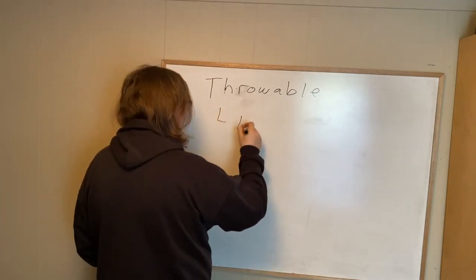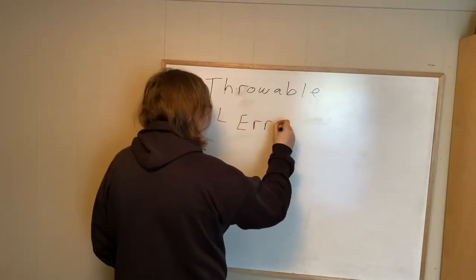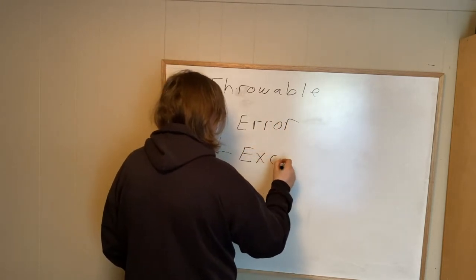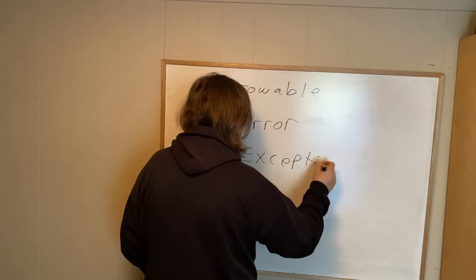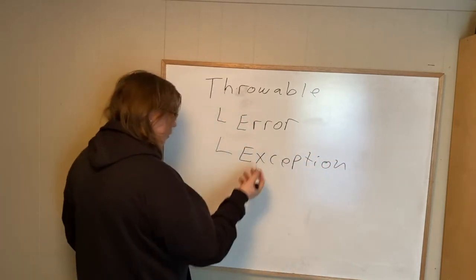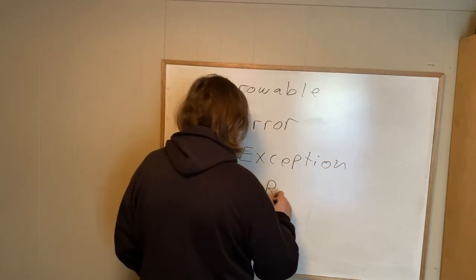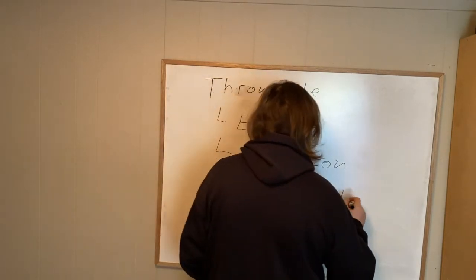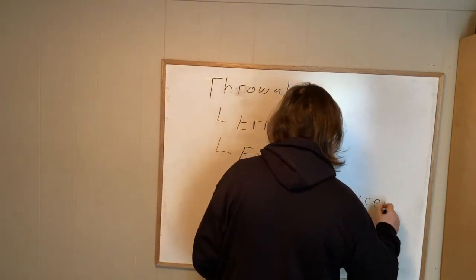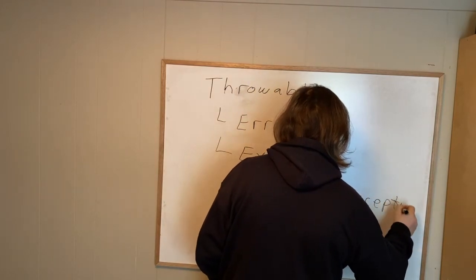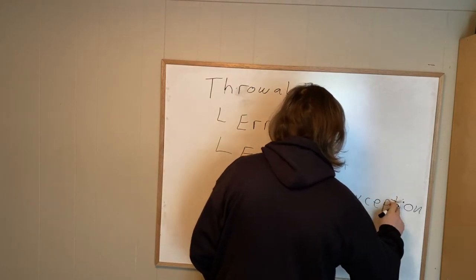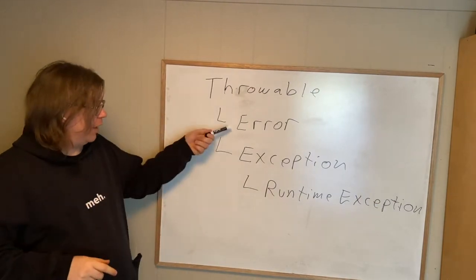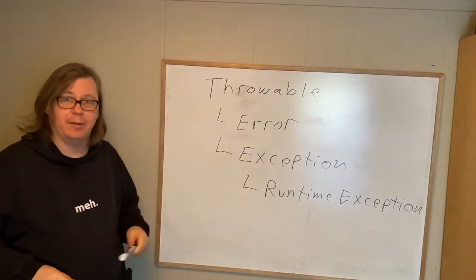There are two main classes underneath that. And under Exception, there's one more, which is RuntimeException. So at the top is Throwable, then we have Error, then we have Exception, and then we have RuntimeException.